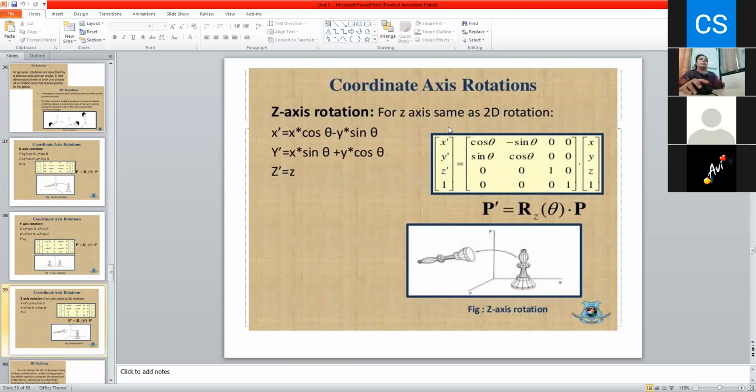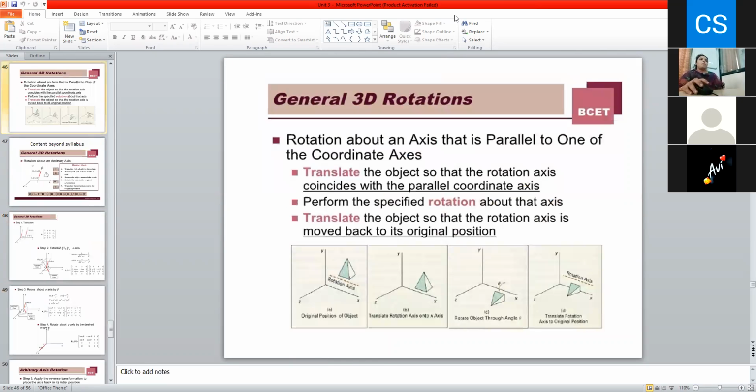For example, it is a cube and I want to rotate this cube. Earlier, I can rotate this cube with either x-axis, y-axis or z-axis because I have those T matrices to rotate around them.